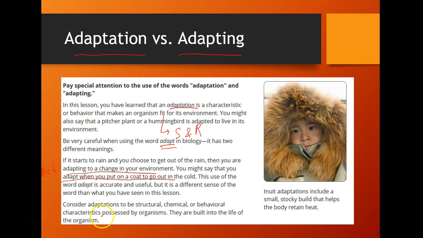One clear way to distinguish between the two words is to think of adaptations as structural, chemical, and behavioral, just like we talked about, and that they are possessed by an organism. It's built into the life of the organism, which means that they are born with it. It's in its DNA.